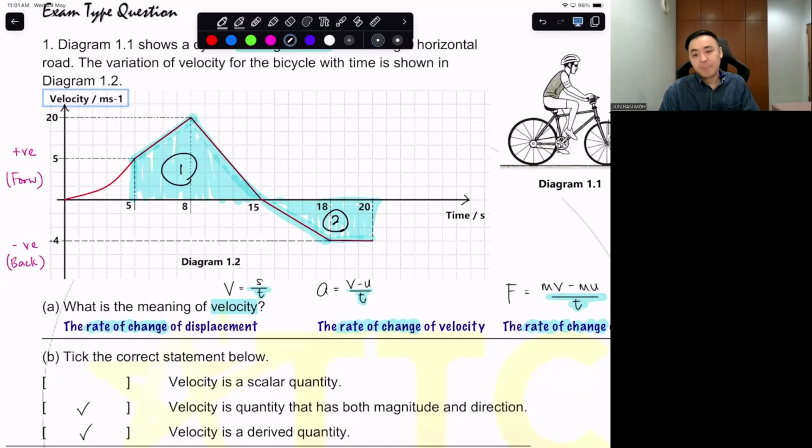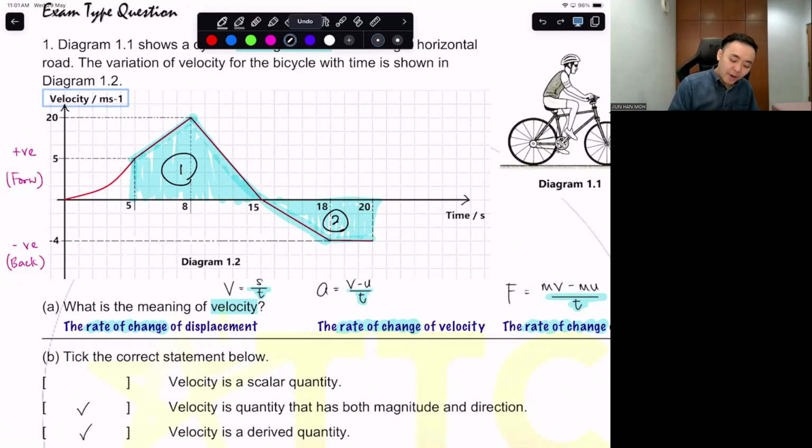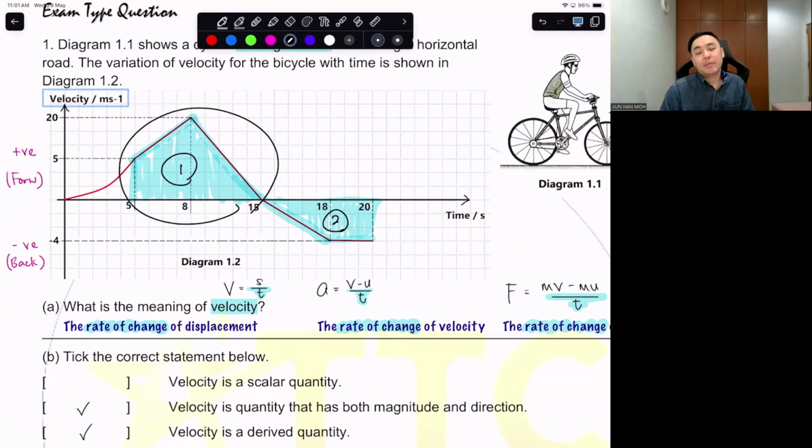Okay, here's the thing. This part, you are going backwards. This part, you are going forward. Now, listen. A lot of people say, oh, I sum them up, because the answer I got here is negative.